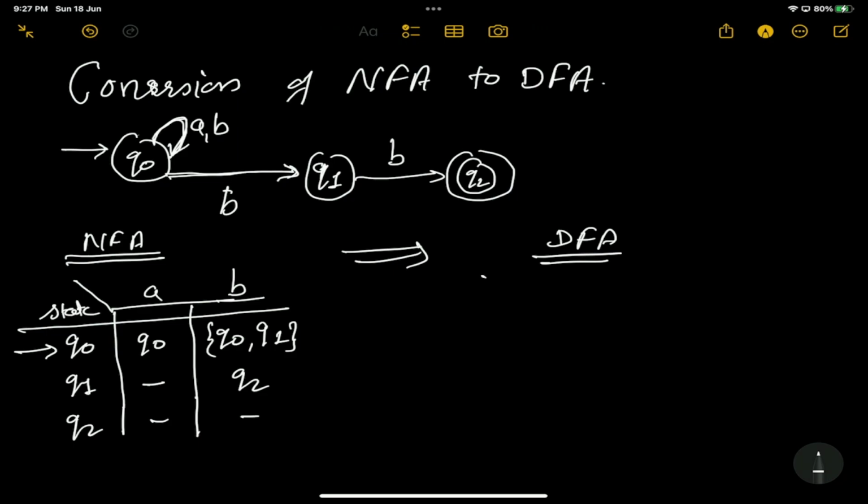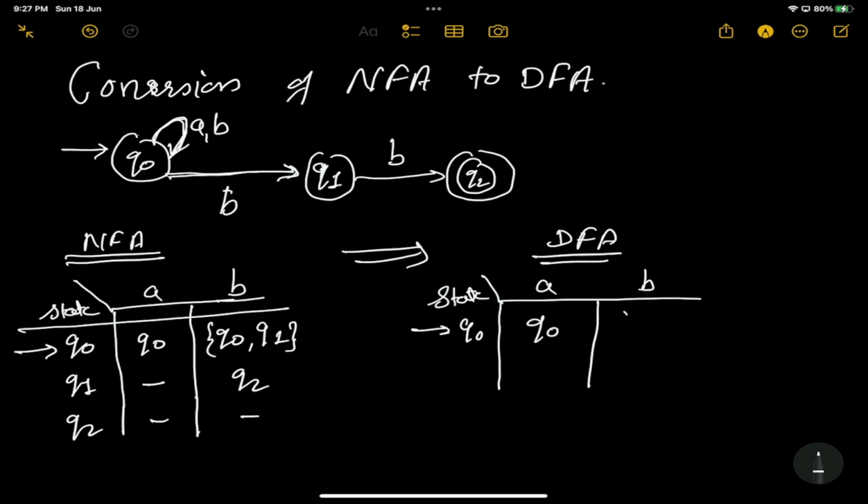So in this transition table, this one is the state, input A and input B. The initial state is the same for the DFA, so we copied it. Now in the next transitions, we have to identify which one is the next state. Already Q0 is taken, so the new state is Q0 and Q1. We combine Q0 and Q1 into one state.